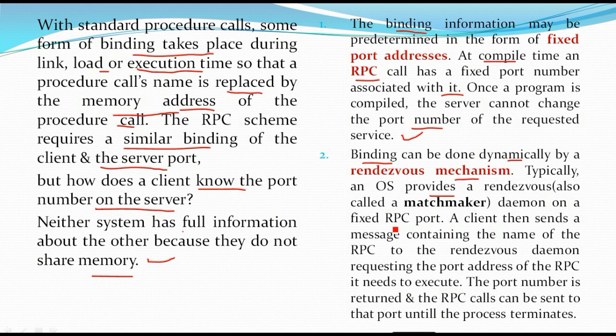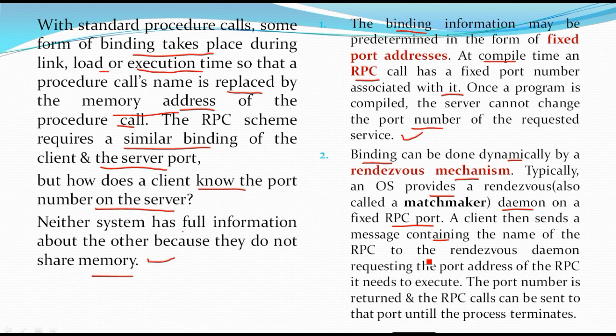A daemon is a service which listens to all the incoming packets from the client side. So a client then sends a message containing the name of the RPC to the rendezvous daemon, requesting the port address of the RPC.